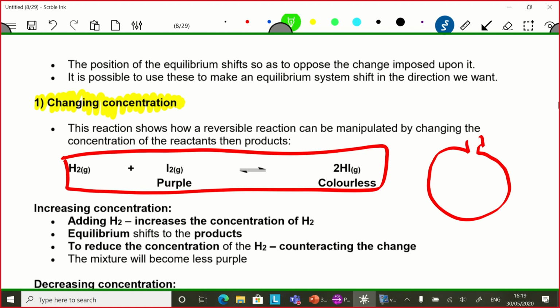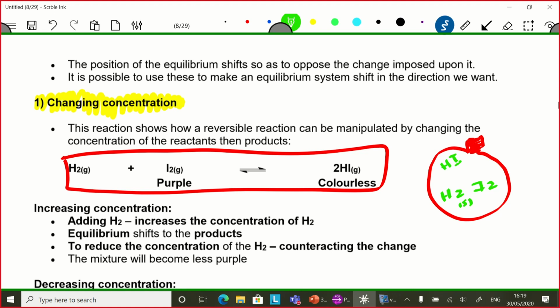I've added here hydrogen, and I've added iodine, and I've closed this container. What's going to happen? Hydrogen is going to react with the iodine to form hydrogen iodide.